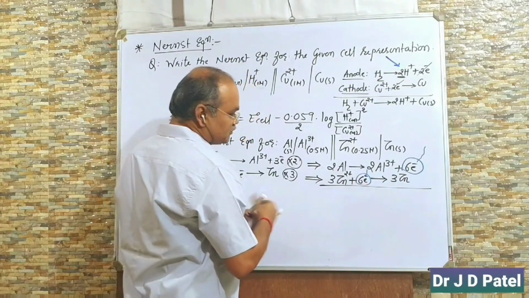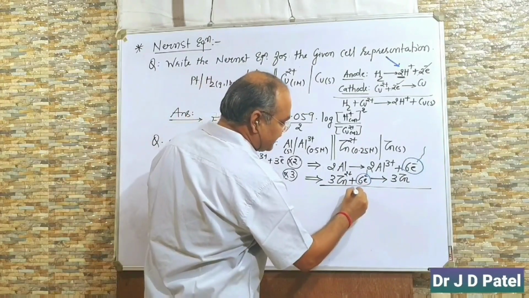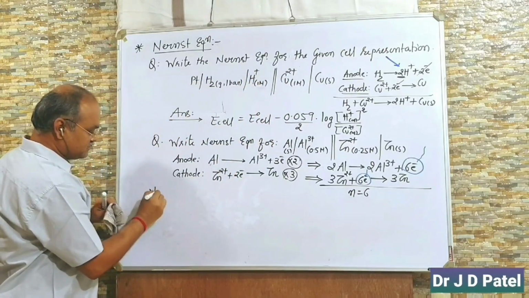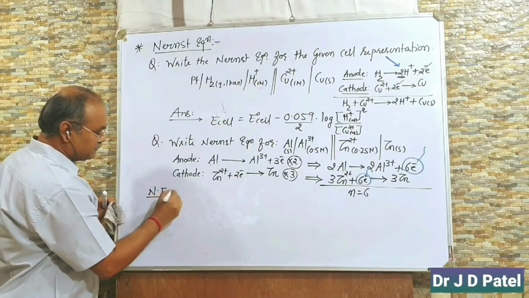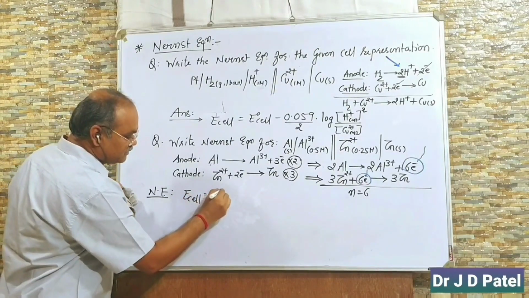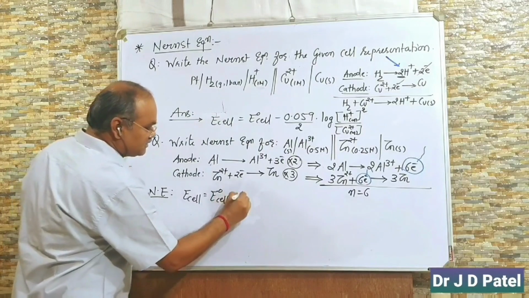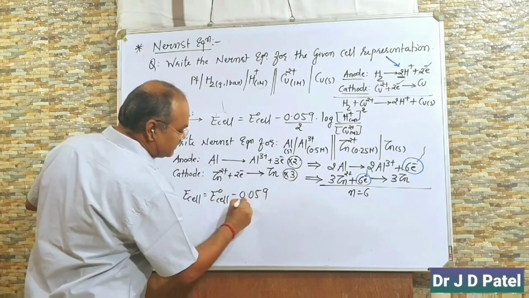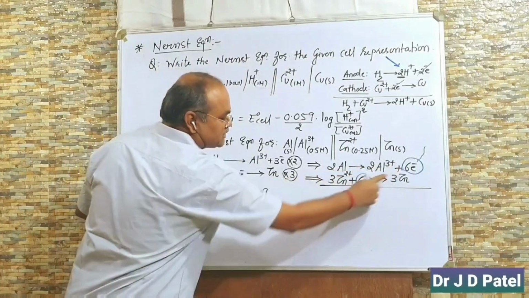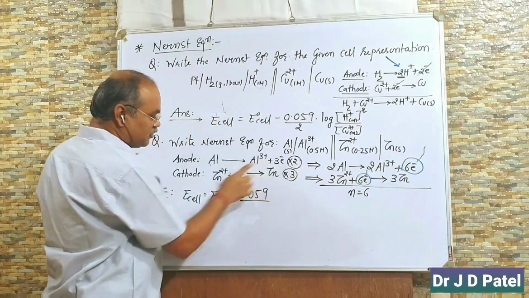So now you can write the Nernst equation. What is the Nernst equation? E cell is equal to E0 cell minus 0.059 by number of electrons transferred. Now the number of electrons transferred is not 3, not 2, it is 6. So here you have to put 6 in the numericals.